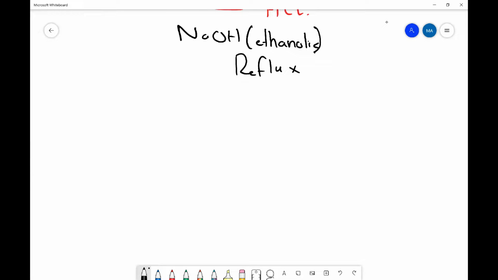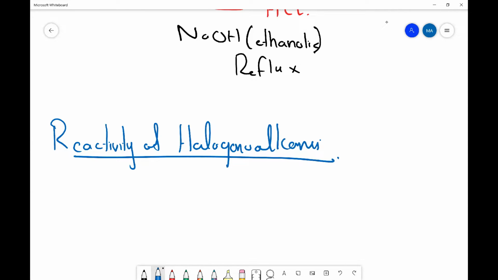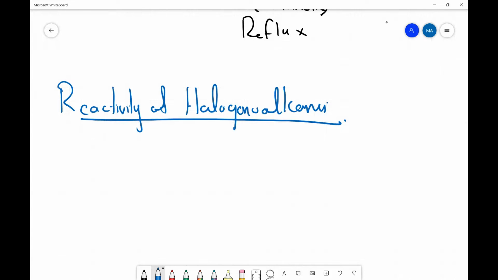Let's talk about the reactivity of halogenoalkanes now. So technically, we know that the bigger bond is generally more reactive because of its bond strength.